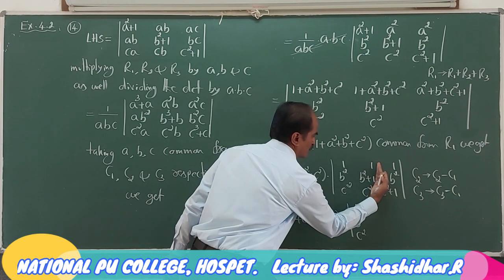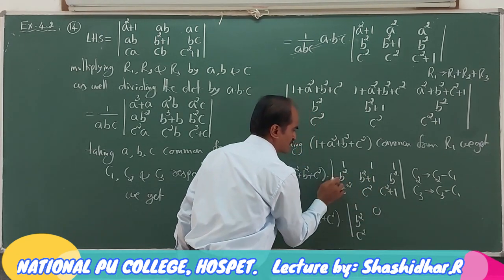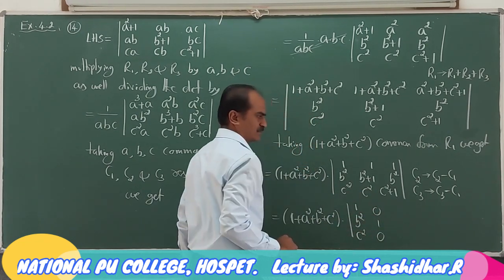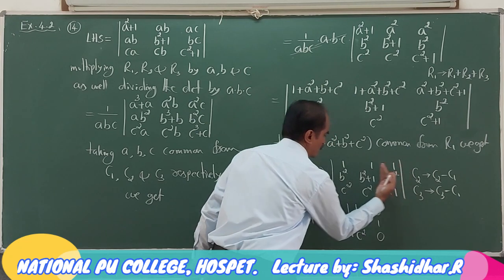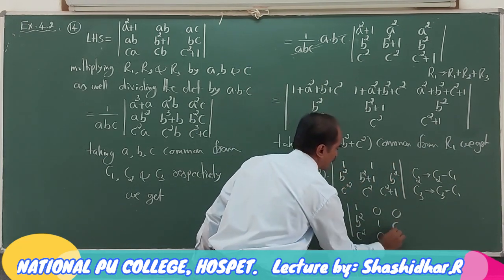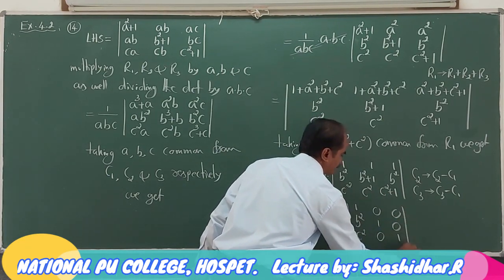Second column, column 2 minus column 1: 1 minus 1, 0. 1 plus b square minus b square, 1. C square minus c square, 0. Now column 3 changes to column 3 minus column 1: 1 minus 1, 0. B square minus b square, 0. C square plus 1 minus c square, that is 1.